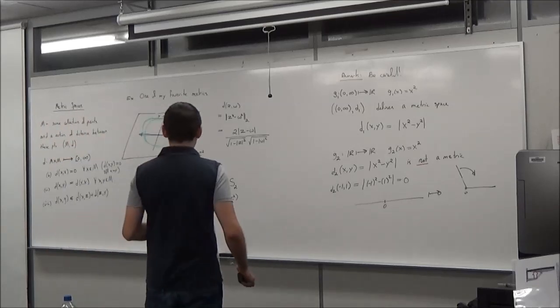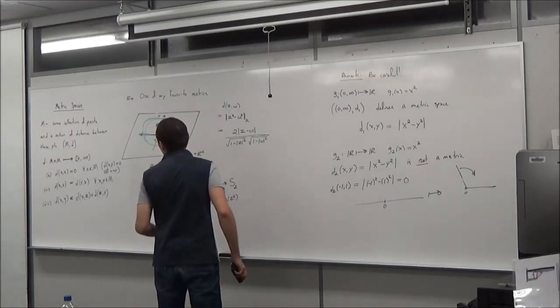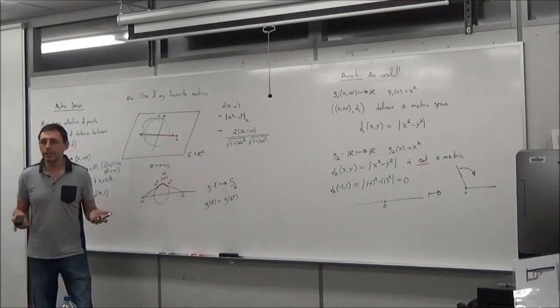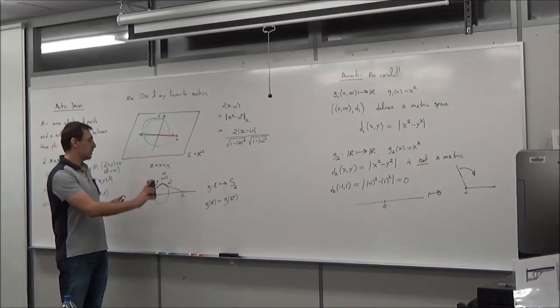So once we had the internal method, let's consider another method of generating new metrics. I'm going to erase this.